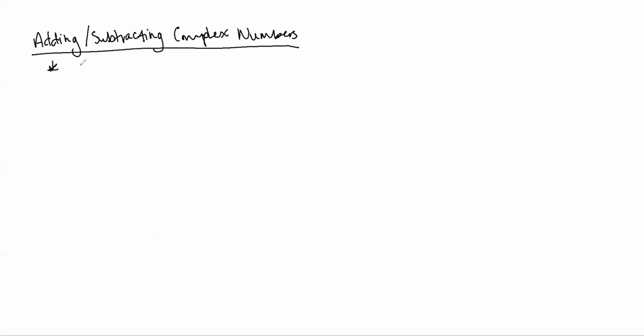So kind of similar to variables, except this time we have imaginary parts and real parts. First thing we're going to do is combine the real parts and combine the imaginary parts. So I like to think of this just like combining like terms.